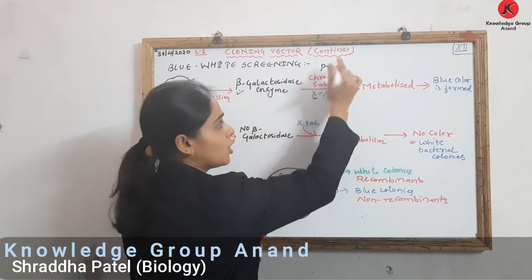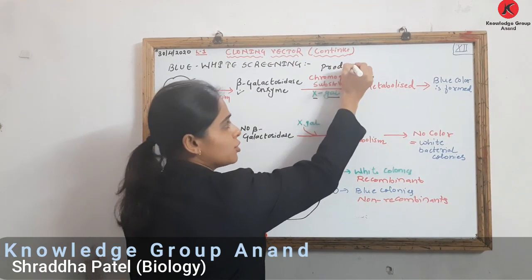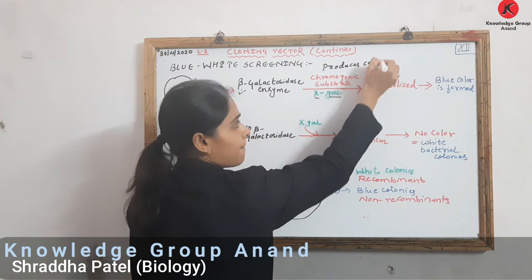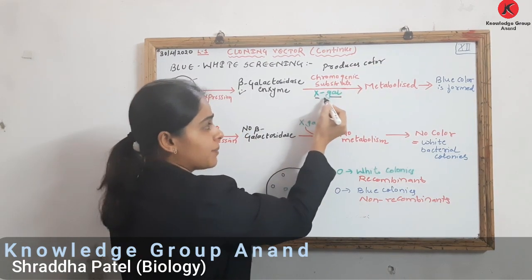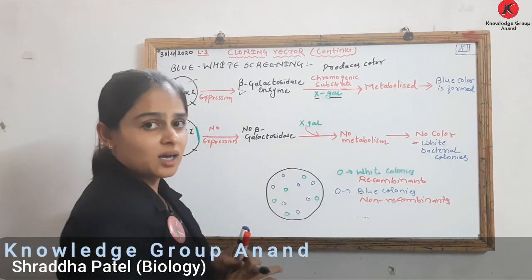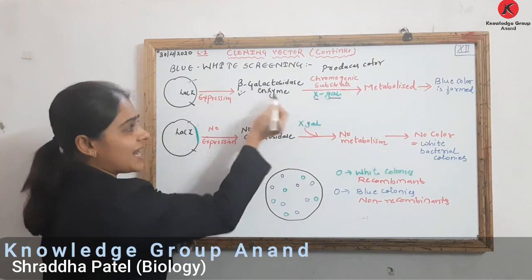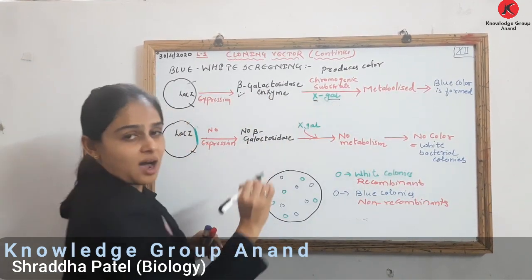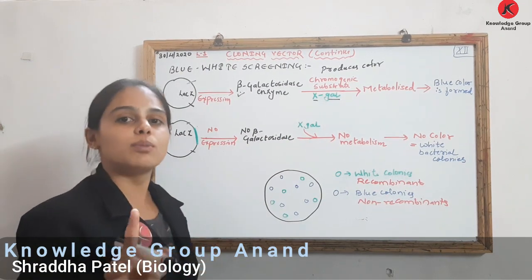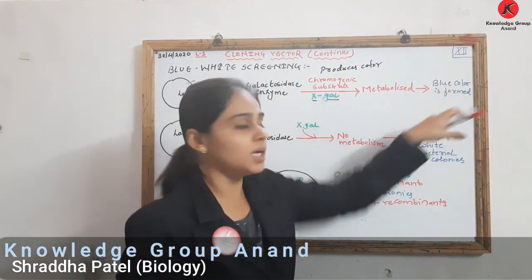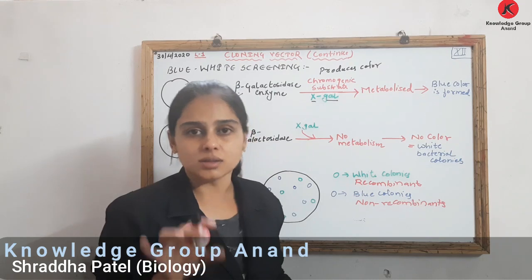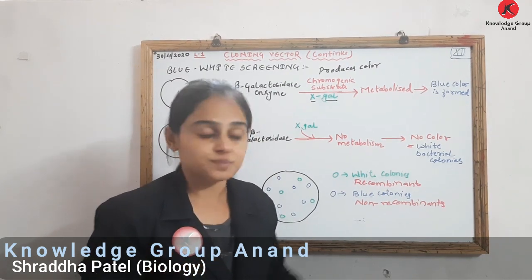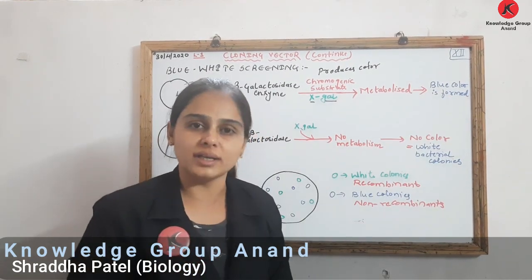A substrate which produces color. ठीक है, कौन सा सबस्ट्रेट लिया है हमने यहाँ पे? X-gal. Now this beta galactosidase enzyme metabolizes this X-gal producing blue color. Hence the colony of bacteria appears blue in color.